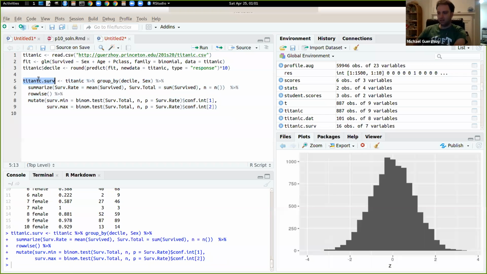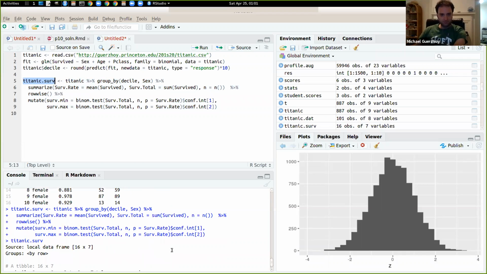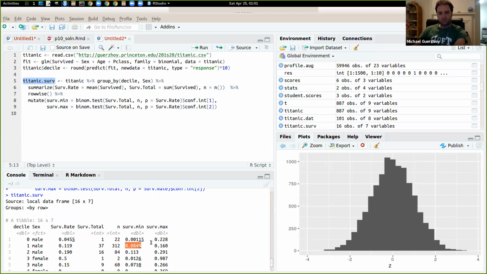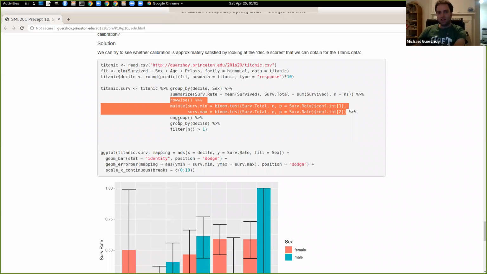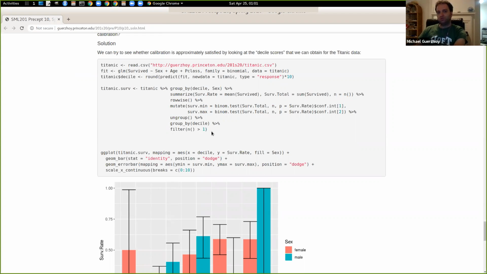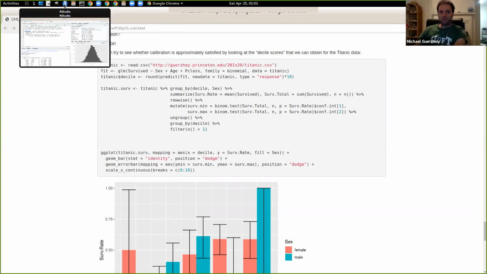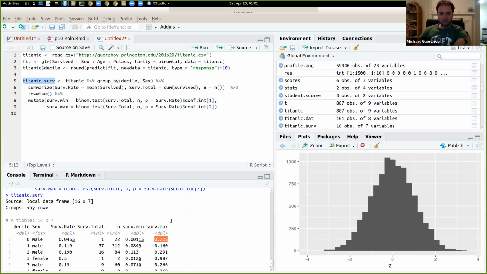So we can look at what that looks like. We have the lower bound and the upper bound of the 95% confidence interval. Because we did row-wise, we now want to ungroup, and we just want to remove all of the entries with the zeros because they won't display nicely.